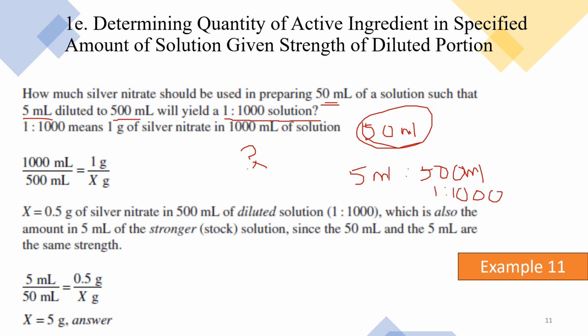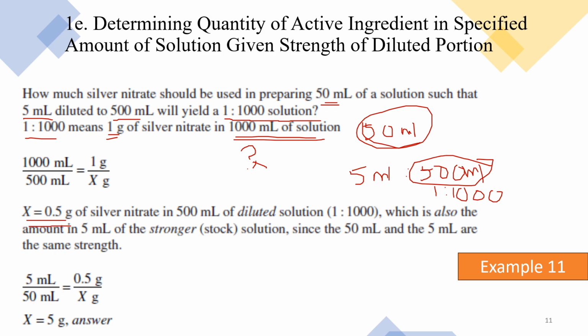Basically, 1 to 1000 equals 1 gram of silver nitrate in 1000 ml of solution. However, you want to identify how many grams of silver nitrate are in the 500 ml of solution. So in the 500 ml of solution, you have 0.5 gram of silver nitrate.